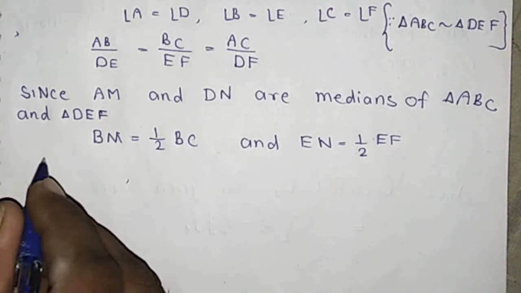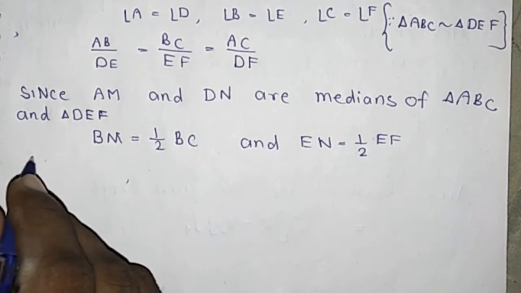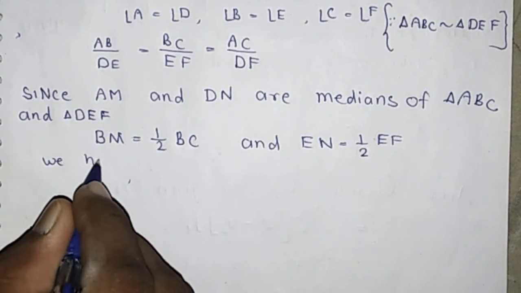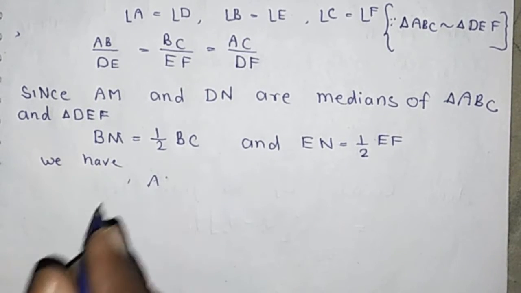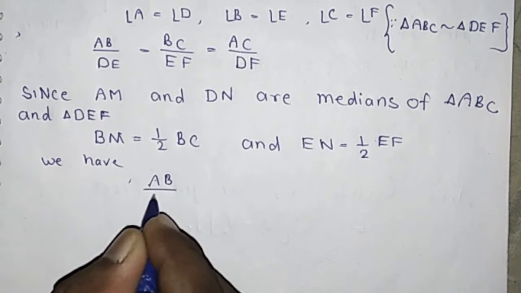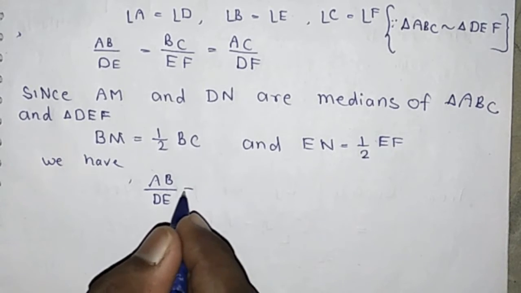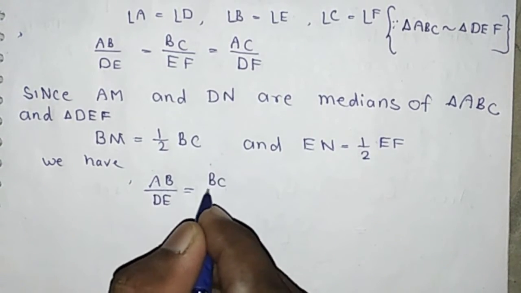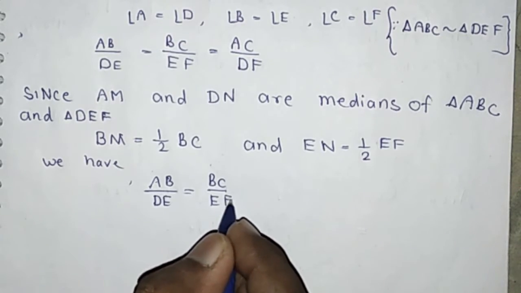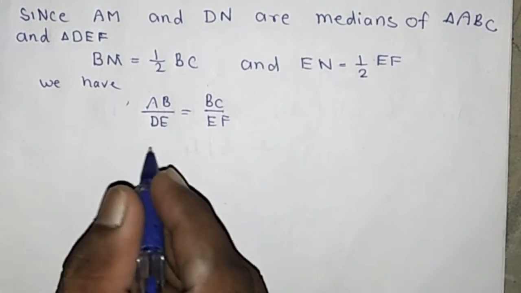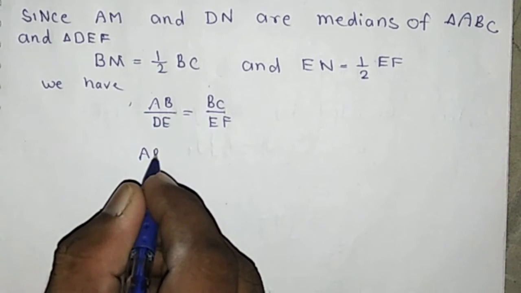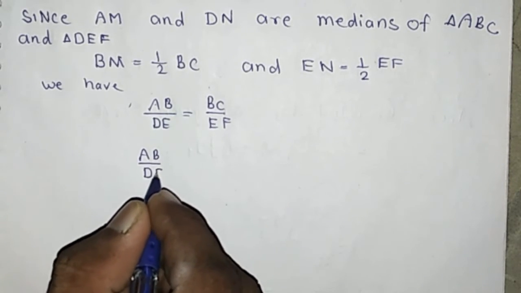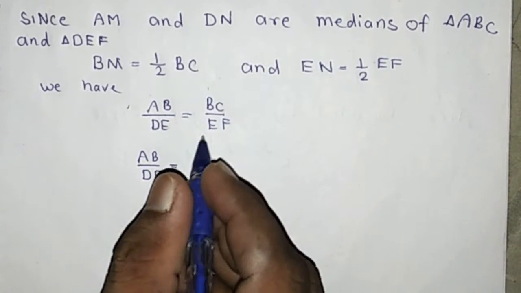Now since we have AB by DE is equal to BC by EF, then divide and multiply by 1 by 2.